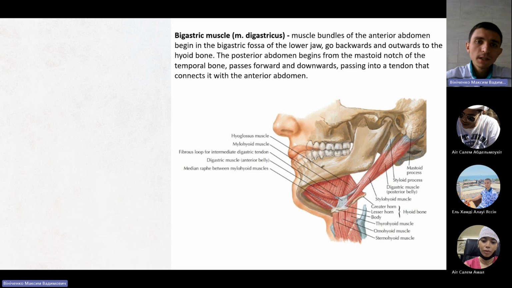The posterior belly begins from the mastoid notch. Here's the mastoid notch of the temporal bone; it goes forward and downward, passing into a tendon. Here we could see this tendon with the gray color that connects it with the anterior belly. So here is the anterior belly of the musculus digastricus, and this is the posterior belly.